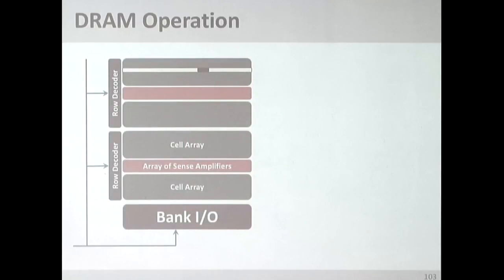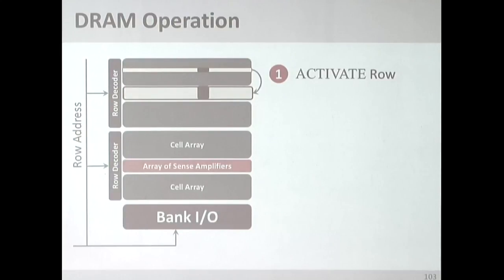So let's look at the operation from this perspective. Basically, when you activate a row, let's assume that that's what we want. That's the 8 bits we want in this case. When you activate a row, you supply the row address, and one subarray gets activated. In this case, the row address happens to activate this word line, and the values of that word line get buffered in the row buffer.